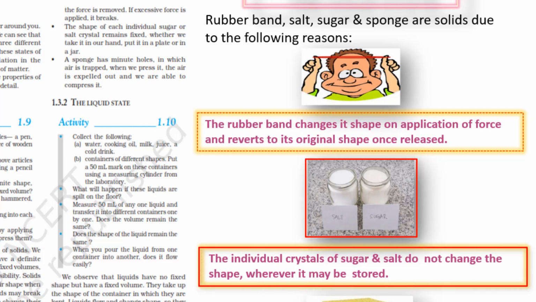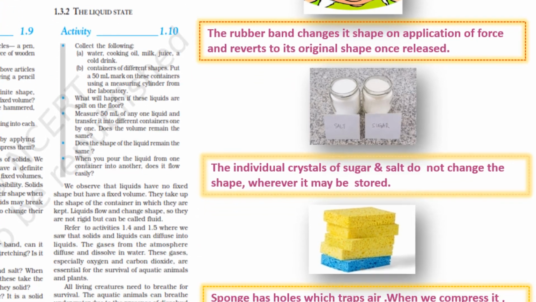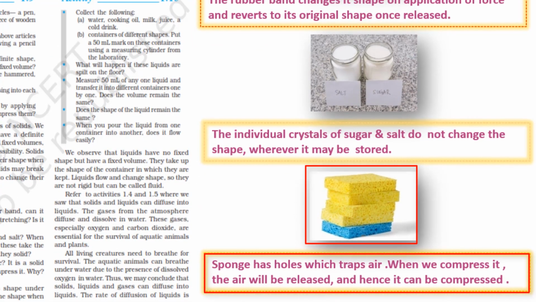In this case, you have to consider the individual crystals of sugar and salt, which do not at all change their shape if you keep them in a cylindrical container or in a cubical container. In case of sponge, it too is a solid. It has holes which trap air. When you compress it, that is when you apply force on it, the air will be released.